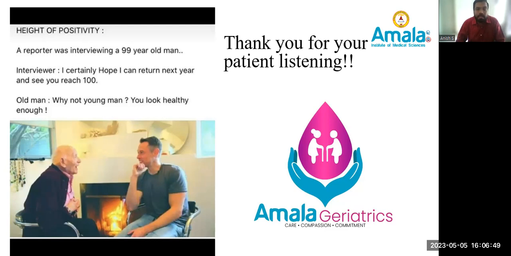Definitely, there is that cultural aspect that applies to any aspect of healthcare, because the way an elderly would like to be addressed in Delhi will be totally different from how I address him in Thrissur. The language, because when an 85-year-old man comes to my OP, he's 85 years of experience, and I am not even half his age.